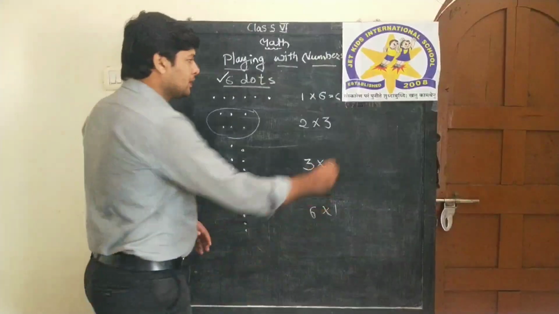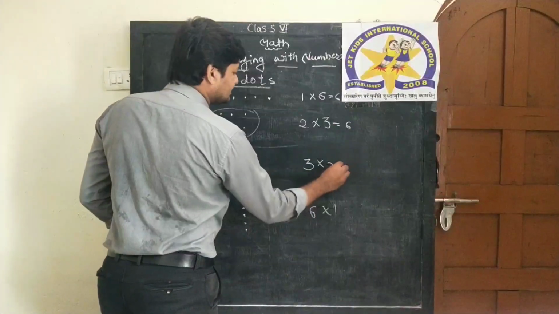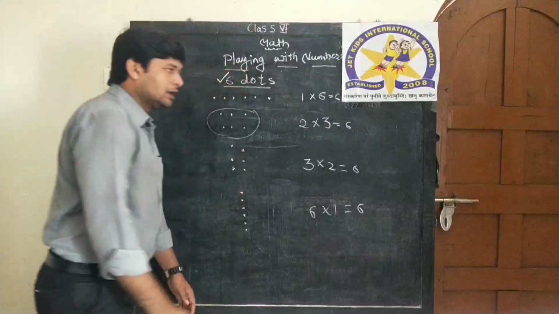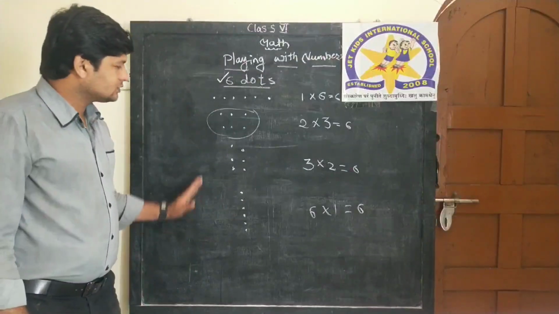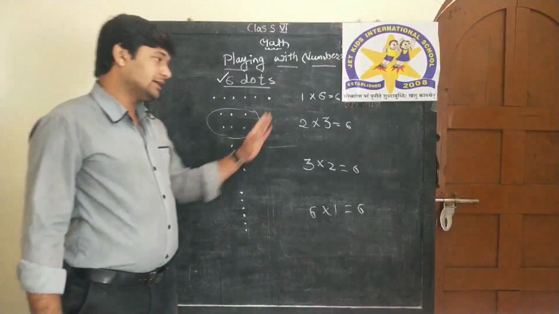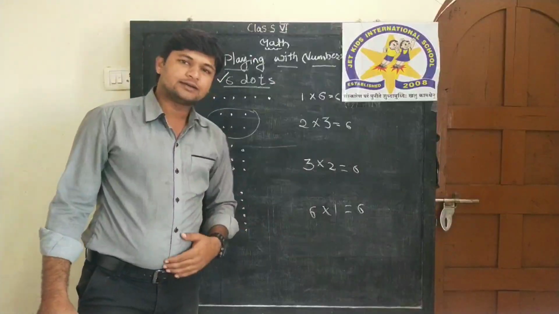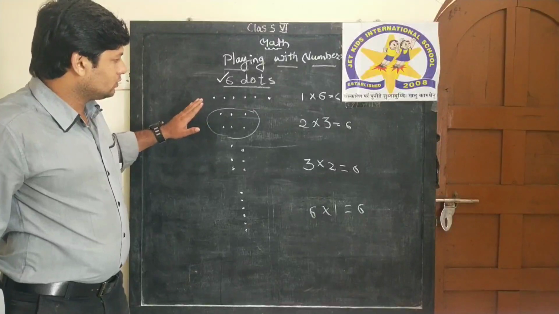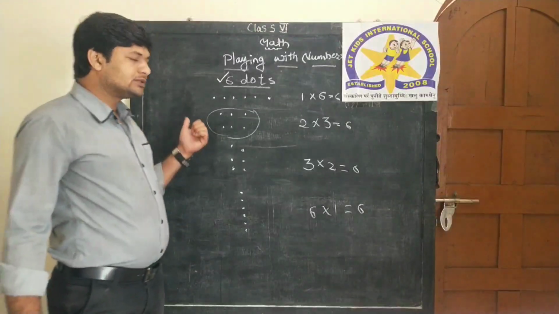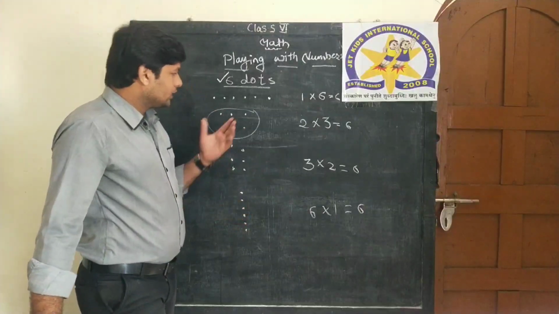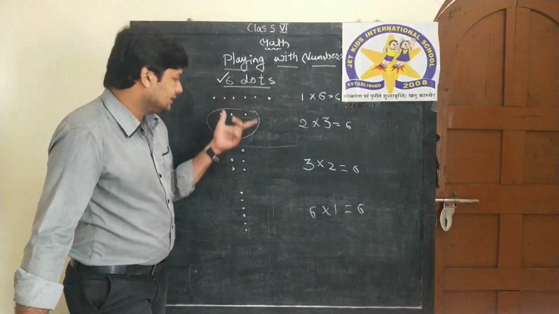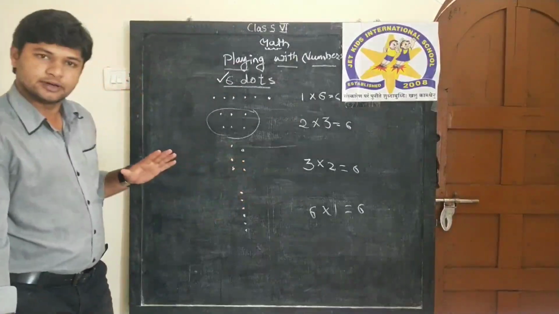Why are we taking this example? Because in the same manner we are going to find factors. If you have 6 dots, you can arrange them in these possible ways.